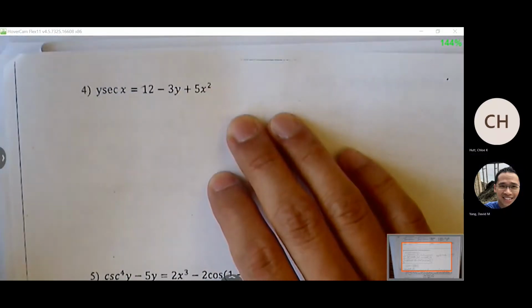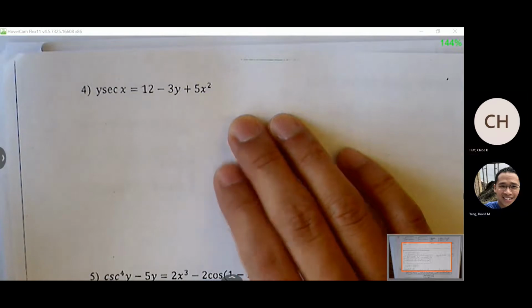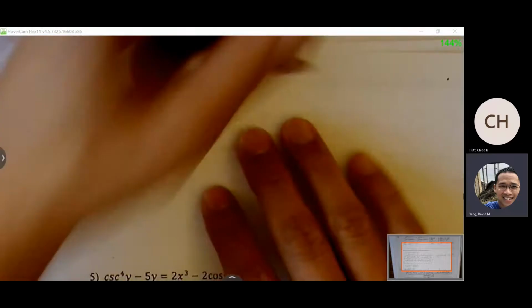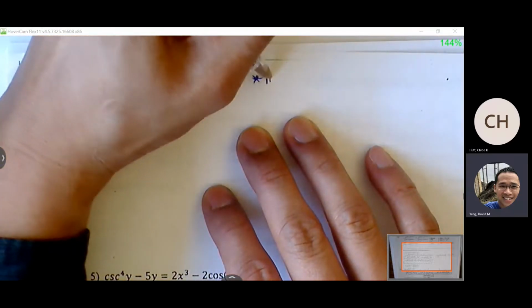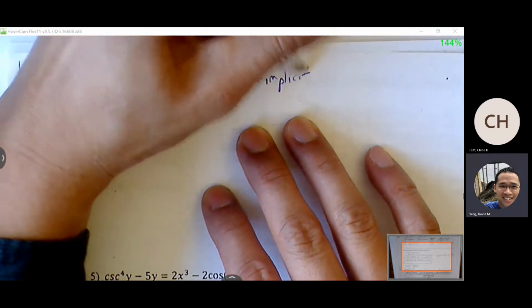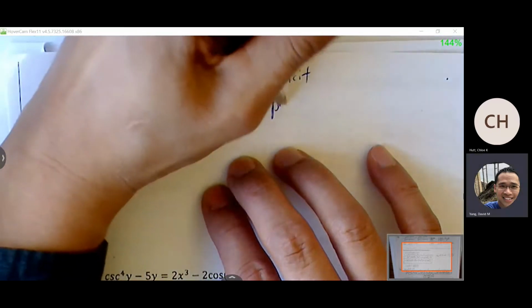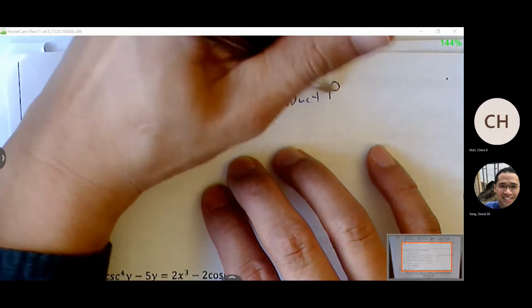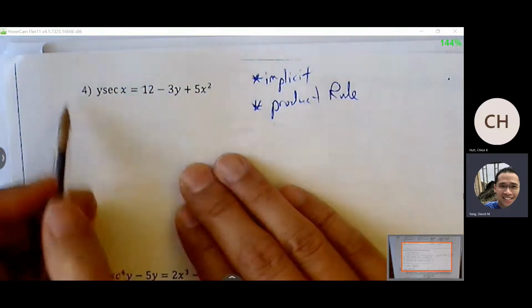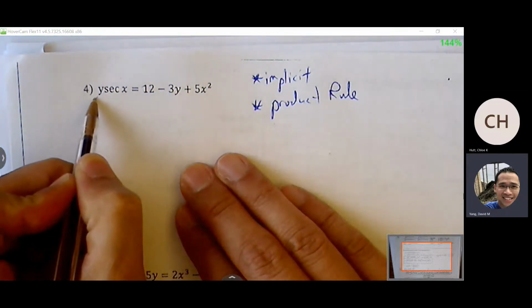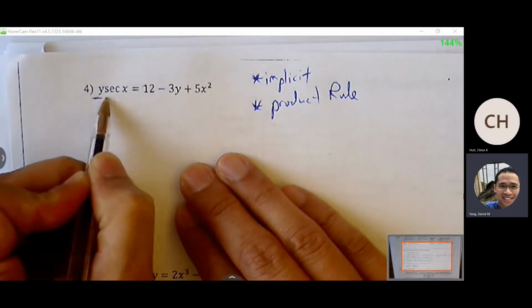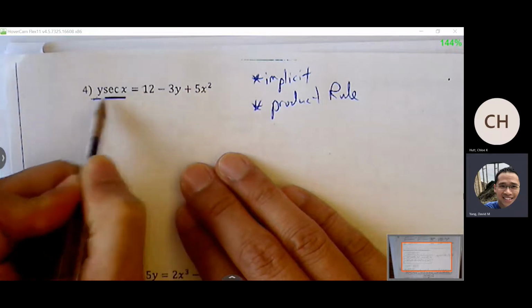Product rule, and always forget the rule. Implicit. Yeah, okay. So you know there's dy dx involved there. And then product rule, yeah. It's kind of hiding, right? Product rule is kind of hiding, but the y is separate from the secant. We got the product rule there.